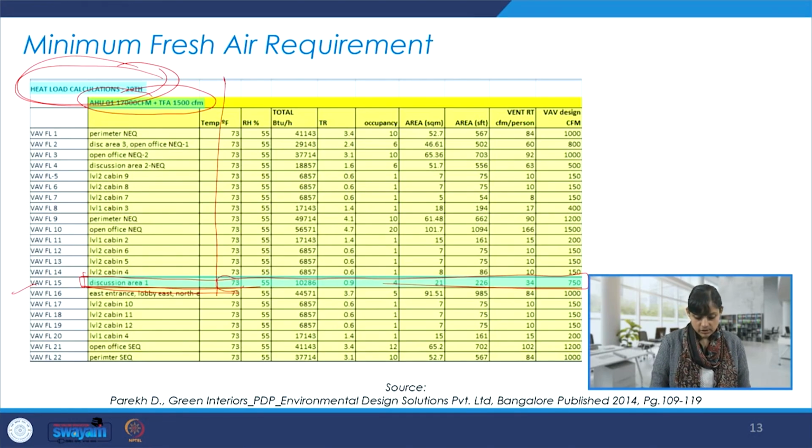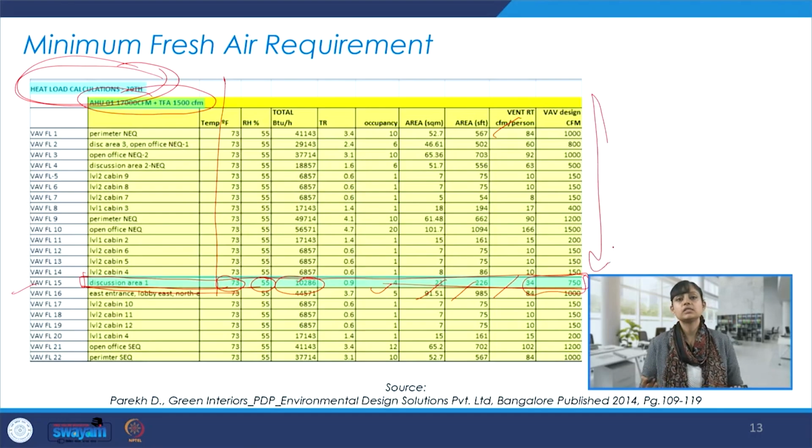So the temperature in Fahrenheit is 73, relative humidity, then there is energy, and then occupancy, area, and flow of air, all of that data. And then we come up with some numbers which help us understand what are the minimum fresh air requirements.